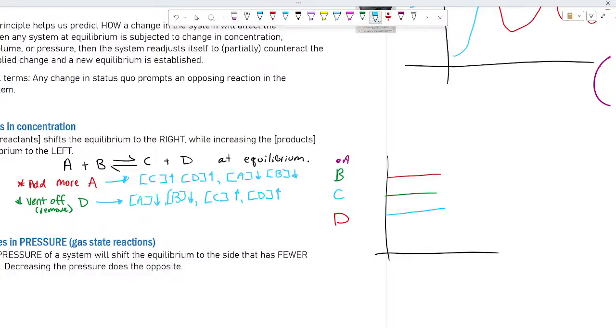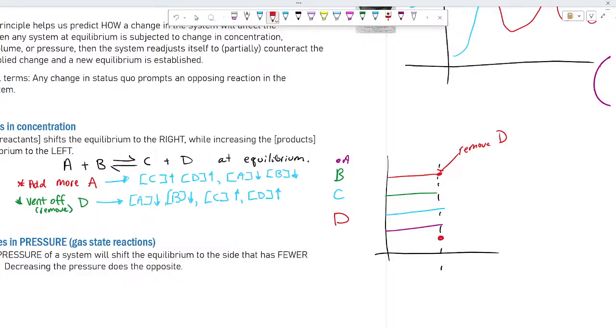Everything was at equilibrium. There they are. Now, all of a sudden at this moment, we're going to remove D. All right, so we take this and we plunge it all the way back down here.